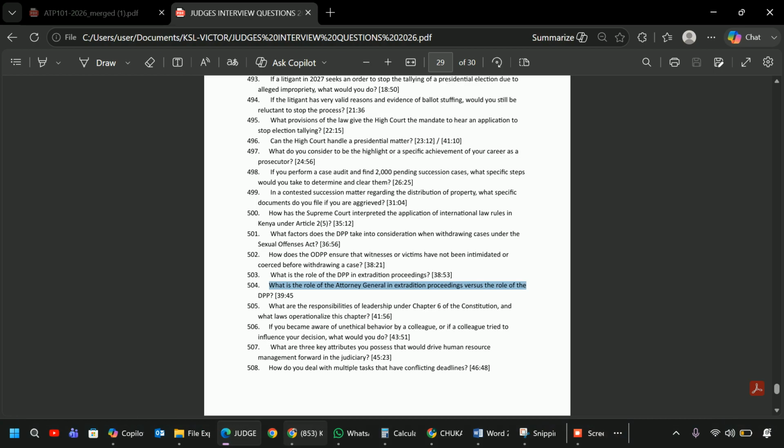Okay. Victim protection and participation: we have the Victim Protection Act, Section 42B. Victims are entitled to be informed and have their views considered before decisions affecting them, including withdrawal. Okay.